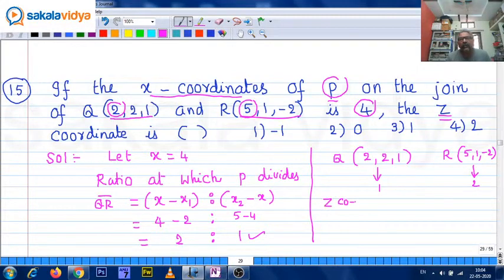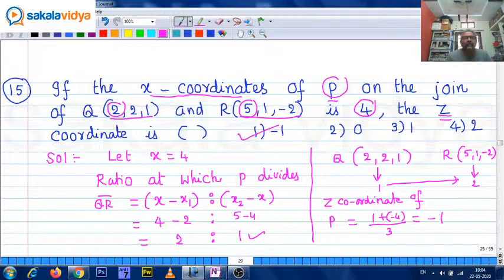Z coordinate of P equals to 1 into 1, 1 plus 2 into -2, -4, by 1 plus 2 is 3, -3 by 3, -1. That means first option is the right option.